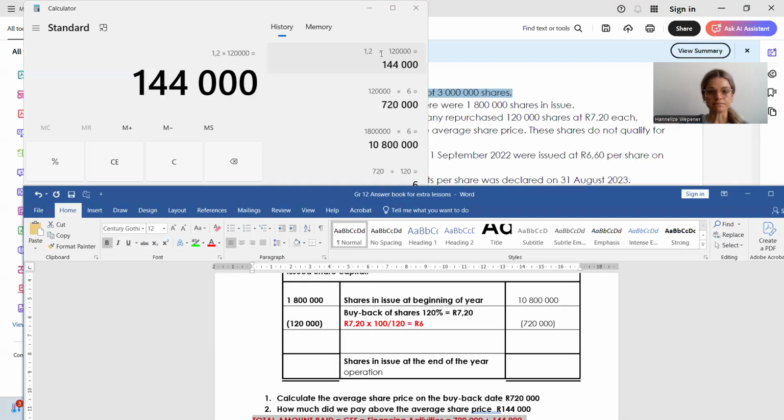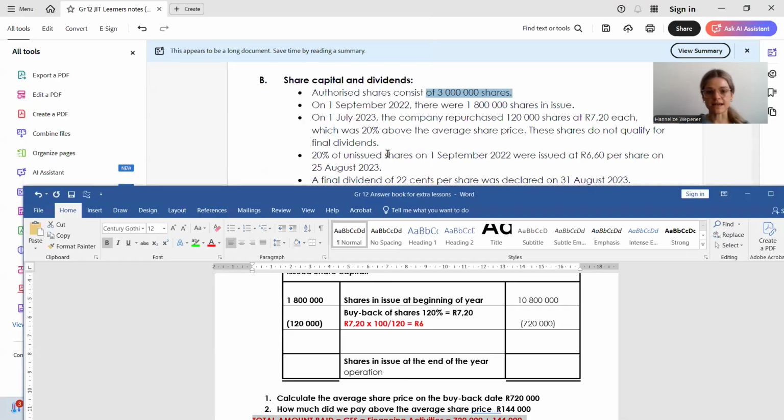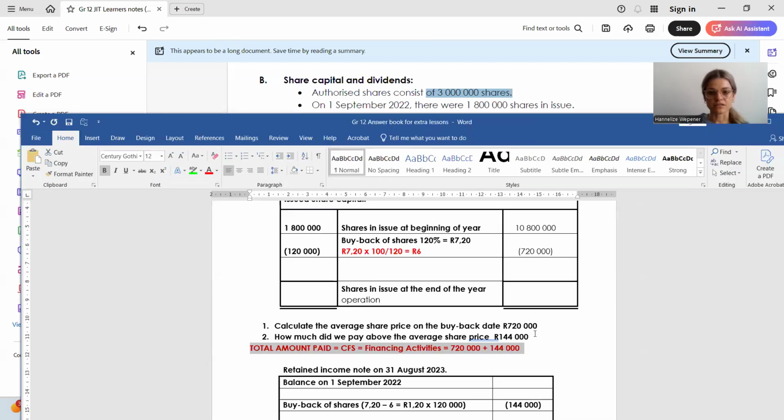Right. Then it also says that 20% of the unissued shares were issued at 6.60 Rand per share on the 25th of August. So on the 1st of September, how many shares were unissued? Authorized shares consist of 3 million, of which only 1.8 million have been issued.